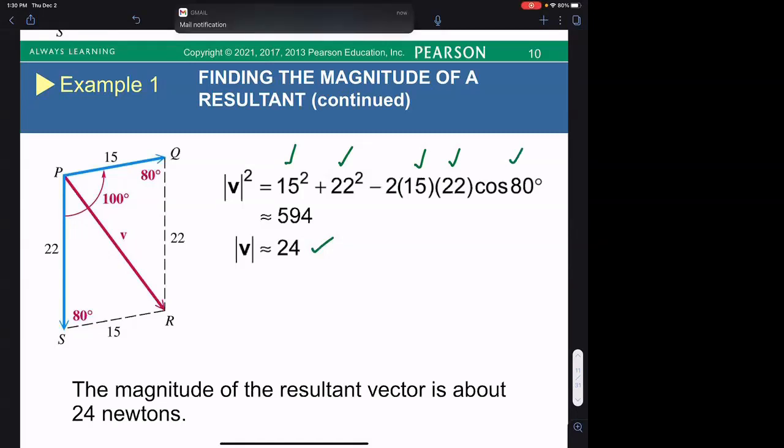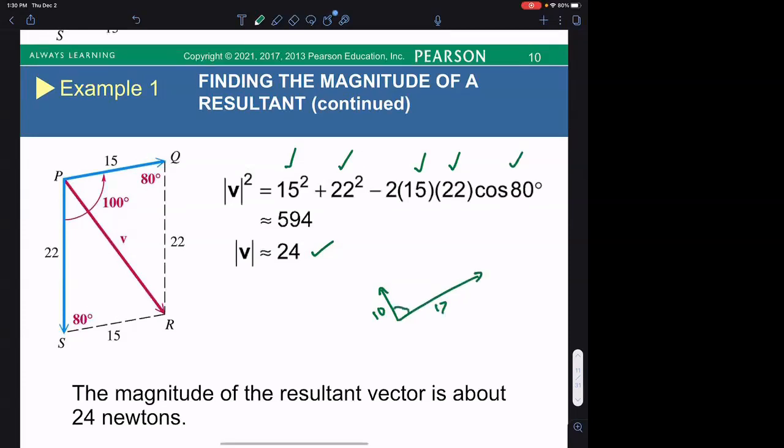All right, so just quickly, what would this look like if they hadn't already filled in a bunch of the pieces? If I have 10 newtons in this direction, and 17 newtons in this direction, and the angle between these is, say, 80 degrees, then they can ask what is the magnitude of the combination of these two forces applied to this thing at point P, whether that's a person or an object.